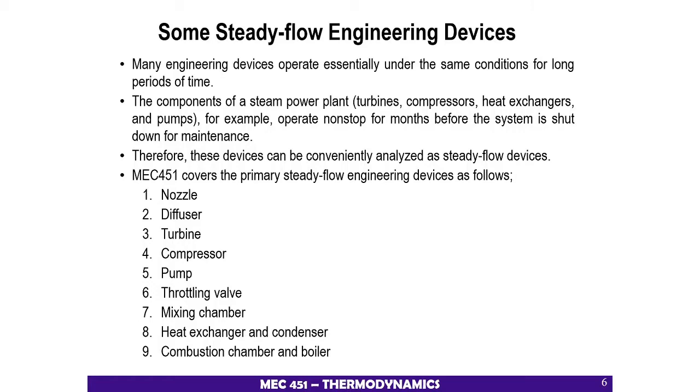Therefore, these devices can be conveniently analyzed as steady flow devices. In this topic, MAC 451 covers the primary steady flow engineering devices as follows: nozzle, diffuser, turbine, compressor, pump, throttle valve, mixing chamber, heat exchanger and condenser, also combustion chamber and boiler.